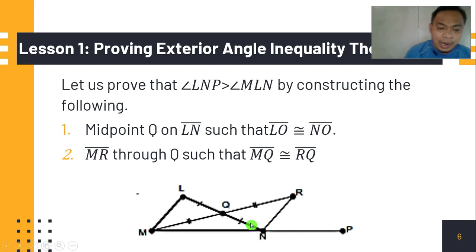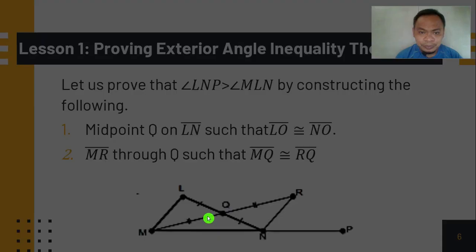Then extend MR through Q such that MQ is congruent to RQ. This means, from M, we construct a line that passes through Q and up to here. So this is our MR. Since Q is our midpoint, therefore MQ is congruent to RQ. I hope you got that.